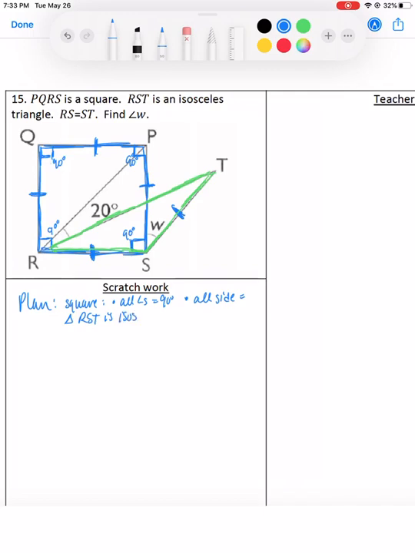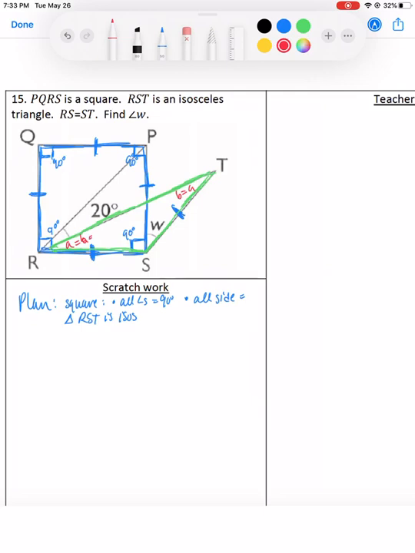RST is isosceles, which means that base angles are equal. Let's go ahead and label some base angles. This is going to be angle A, and this is going to be angle B. And we know that A is equal to B. B is equal to A. So they're the same.